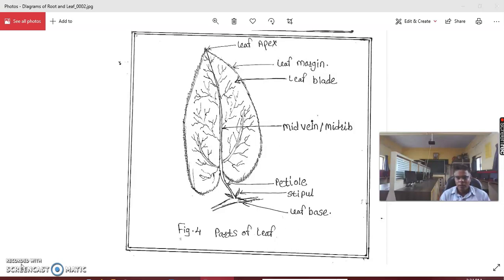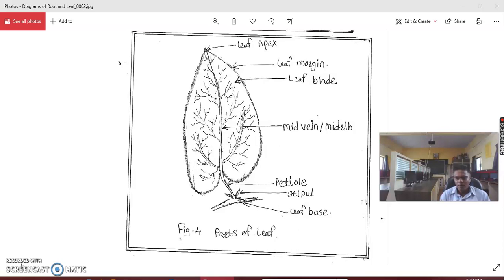Number three part is the leaf blade or lamina. It is the green expanded portion of the leaf, an important part of the leaf for manufacturing food for the entire plant.